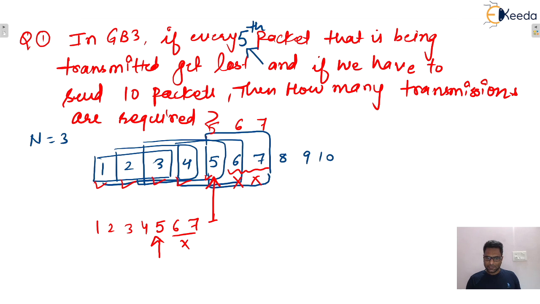Now again retransmit 5, 6, 7, isn't it? Now don't worry about these 6, 7, whether these are accepted or rejected. Count again from this packet only, 1, 2, 3, 4, 5. Next 7 will be discarded.